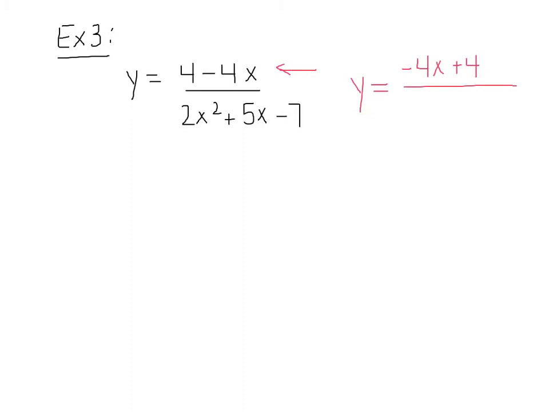And then this can factor. I can divide out a negative 4. You always want to divide out that negative because we don't really like our leading coefficient to be negative. So if I divide by negative 4, I'll be left with x and then minus 1. Okay, I'm going to cross that out. And then in the denominator, I have 2x squared plus 5x minus 7.